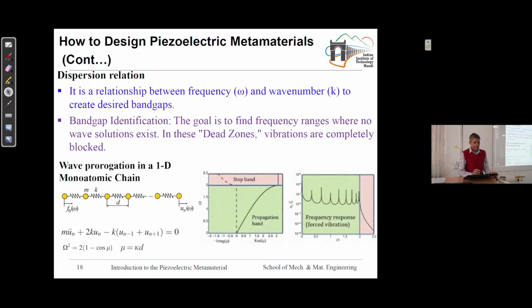So in case of this simple structure, this is a one-dimensional monoatomic chain, or we can assume it is just like a simple rod that is made of spring and mass, right? So we have mass and spring, mass and spring. So we can assume that a rod is made of many springs and masses.